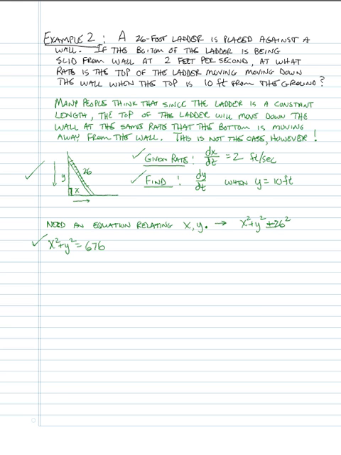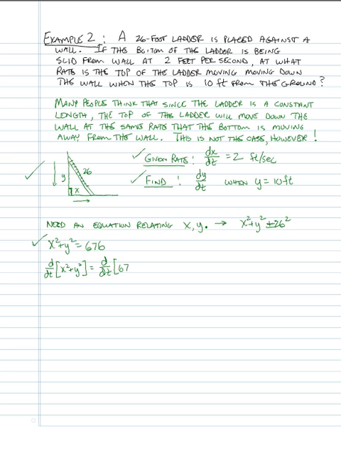So to do that, we use implicit differentiation on the equation above. So we're going to take the derivative with respect to t on both sides of this equation.